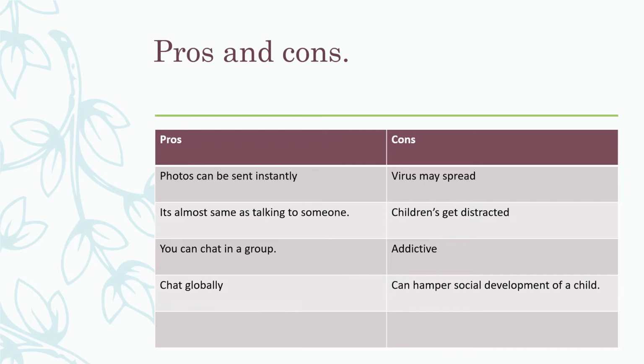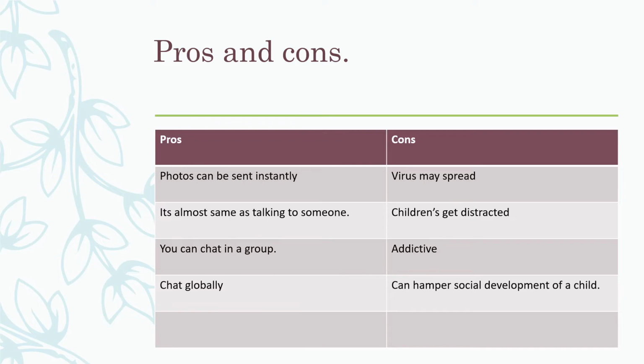Cons are virus can spread because if you receive files from unknown sources, the virus may be there. Children can get distracted. They would rather focus on only chatting rather than going outside for playing or socializing with the friends without the mobile phones, or maybe studying as well.